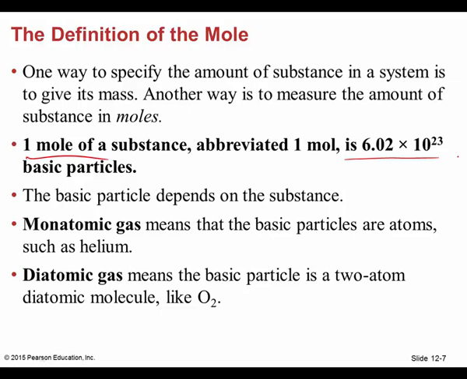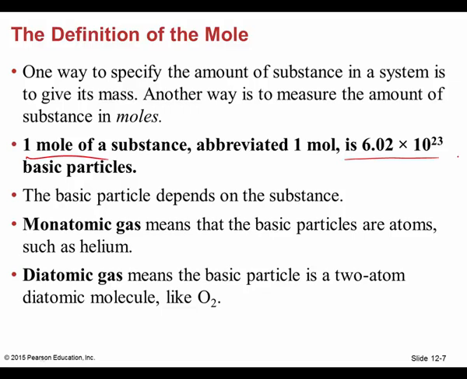Well, that makes it very unique in that now we can compare different substances to each other and still be on the same playing field. In other words, a mole of copper can be equal to a mole of aluminum, okay, based on that principle.